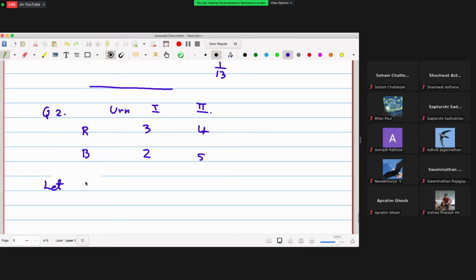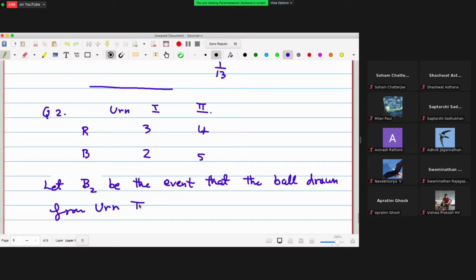Let B2 be the event that the ball drawn, I could have just called it B, a ball drawn from urn 2 is black, after transfer.